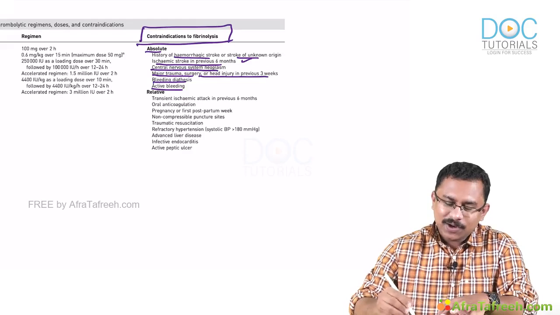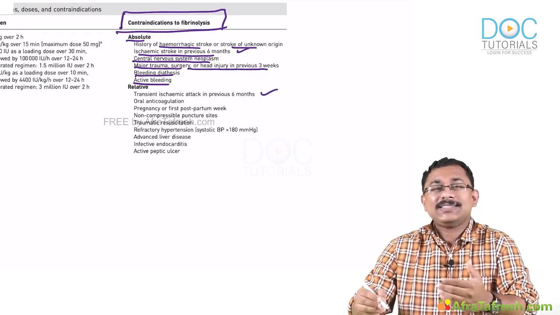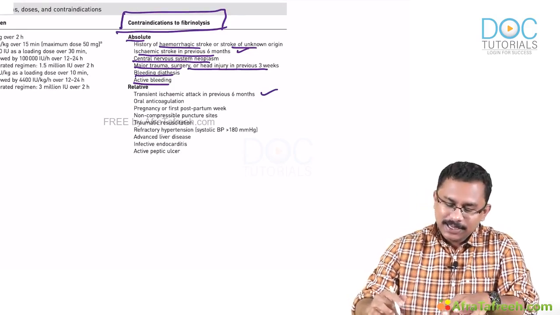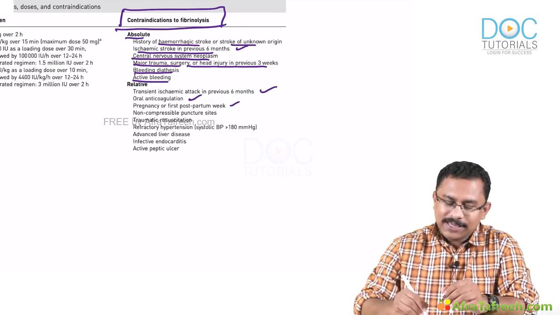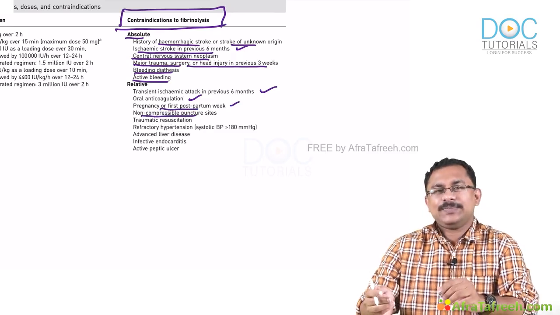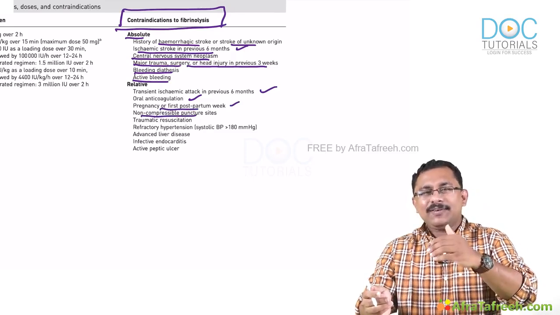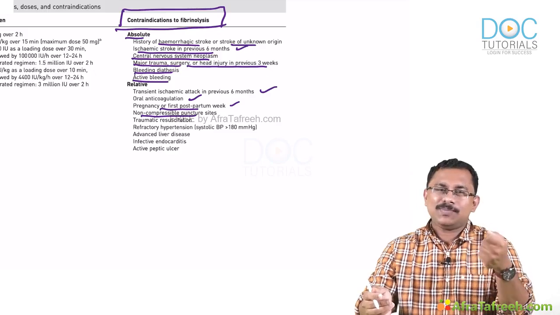Now there are certain relative contraindications. That is, if he has had a TIA in the past 6 months, if he is already on oral anticoagulation, pregnancy or the first postpartum week, non-compressible puncture sites. Suppose he has had a bleeding from a non-compressible site.